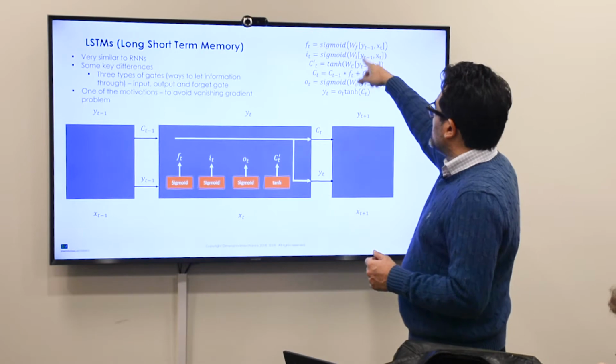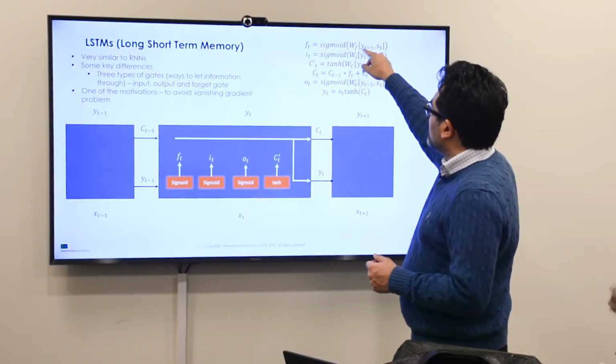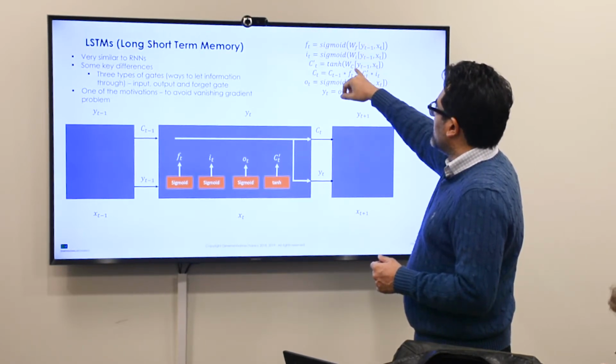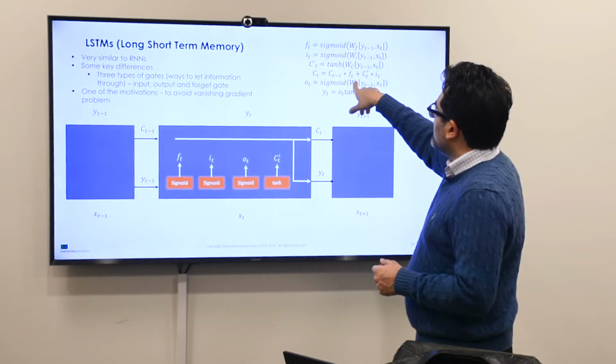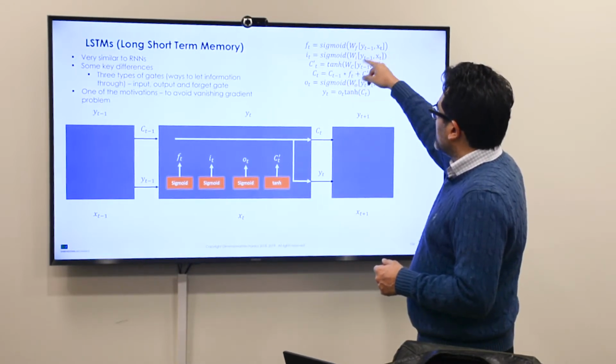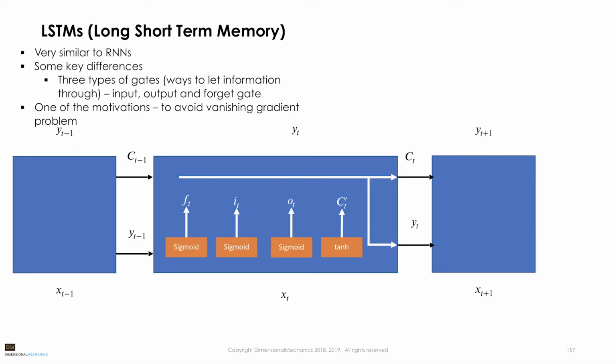Imagine you've got three types of gates: you've got forget, you've got input, and you have an intermediate state, which is C. So if you calculate these, you have y of t minus 1 and x of t going in there. Taking this input, you calculate f of t, which is the forget side.